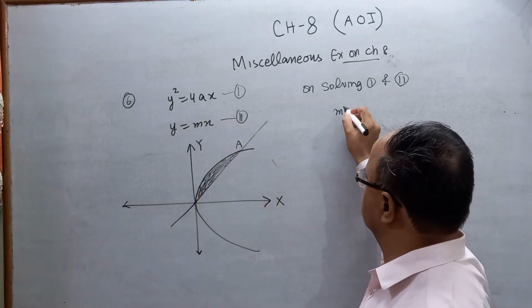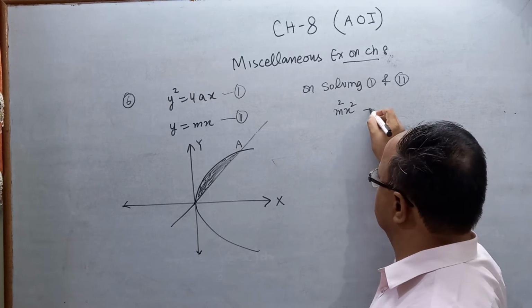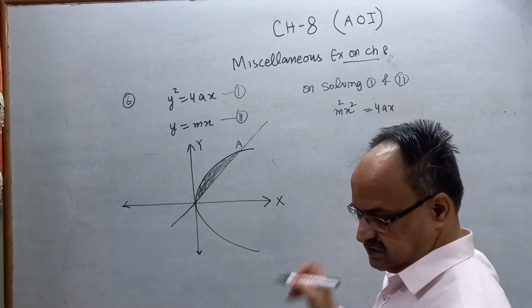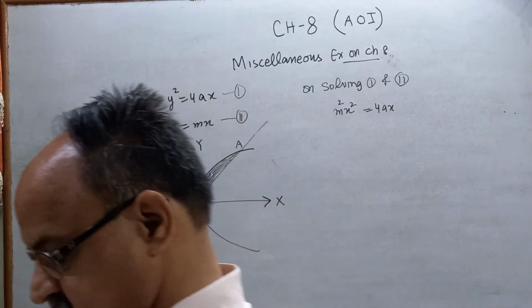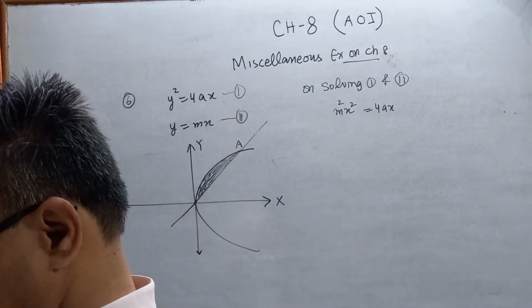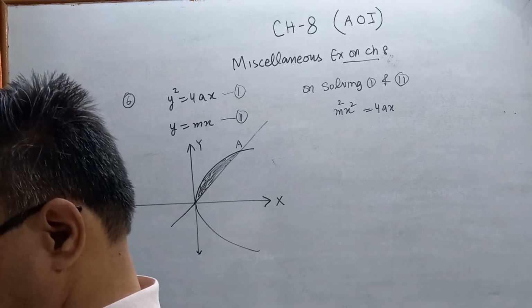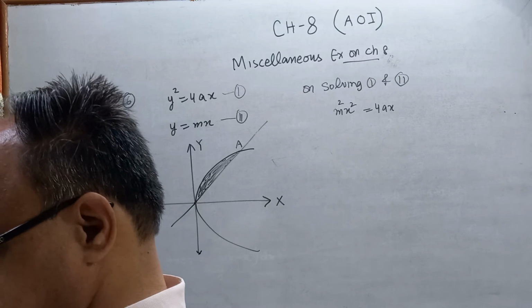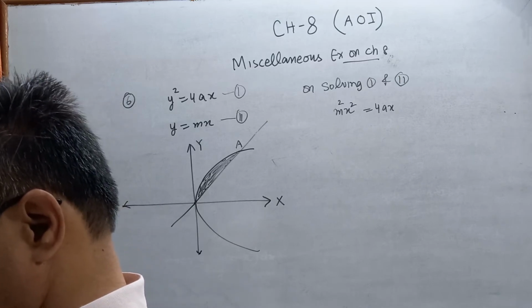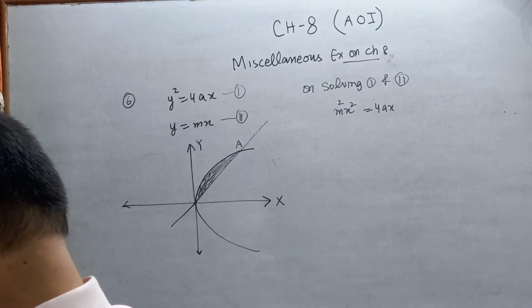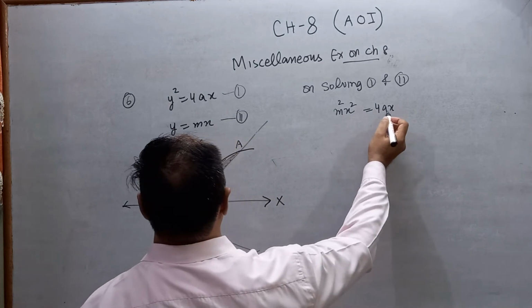You know that m square x square is equal to 4ax.